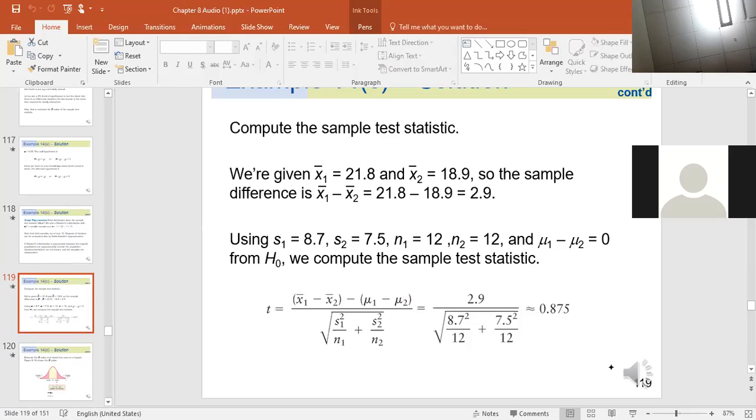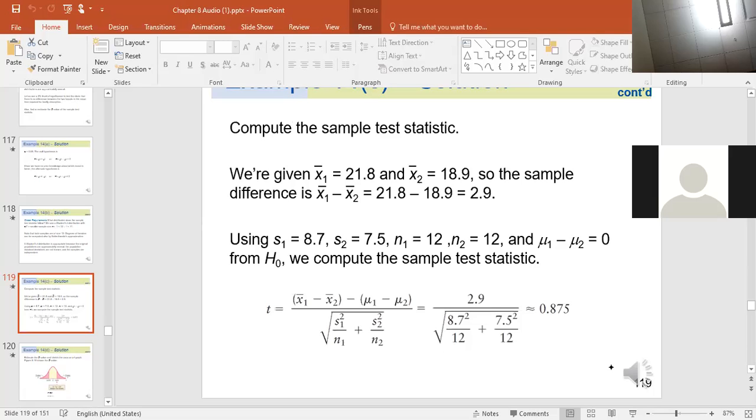Go to stat, test, two-sample t-test, and enter the statistics: X1 bar 21.8, X2 bar 18.9, S1 8.7, S2 7.5 to get the test value.